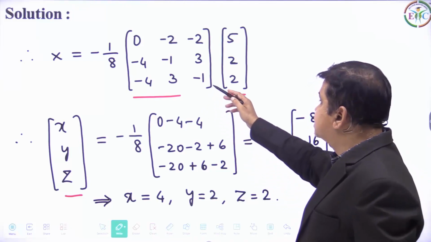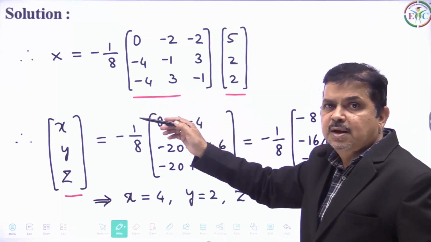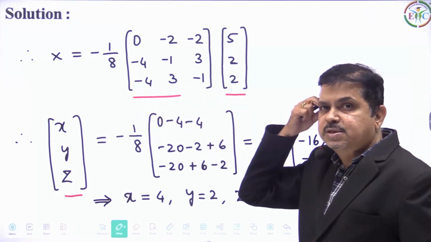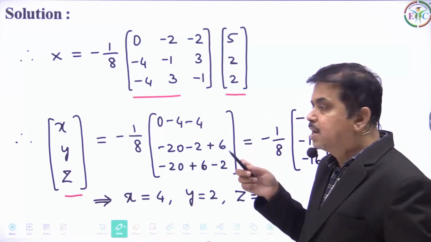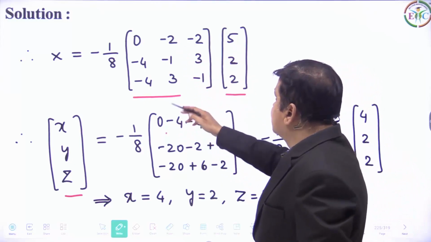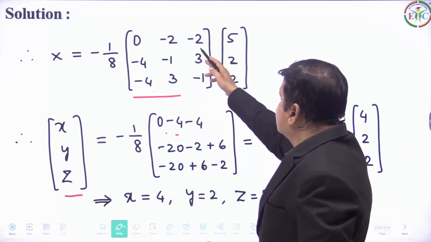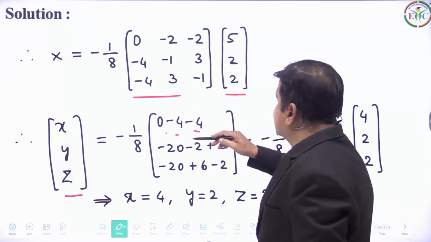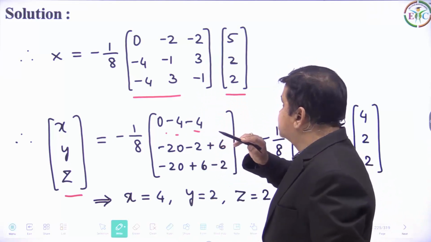By matrix multiplication, with the corresponding row elements of the A inverse matrix and the corresponding column elements of the matrix B, we have 0 into 5 is 0, minus 2 into 2 is minus 4, and minus 2 into 2 is minus 4. This will be the first row element.